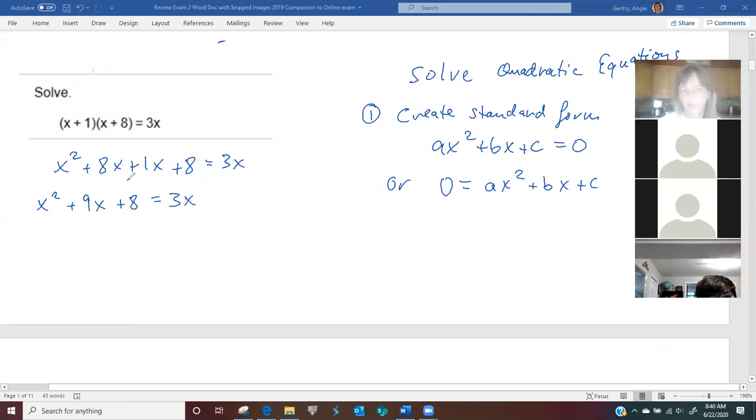And I'm showing extra every single step right now. Before I might have just gone ahead and moved that 3x over. So these two combine. Then you bring your 3x over because you have to equal 0. So you get x squared plus 6x plus 8 equals 0 because subtract 3x.